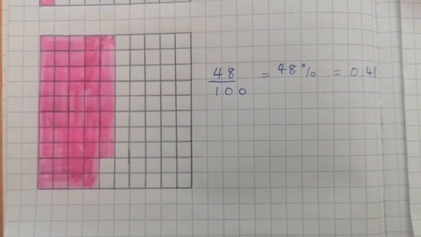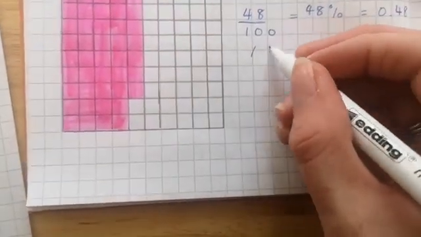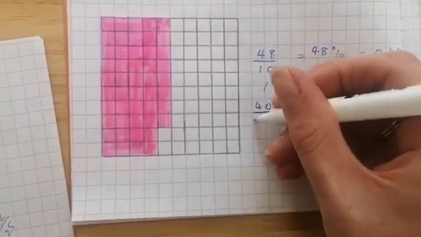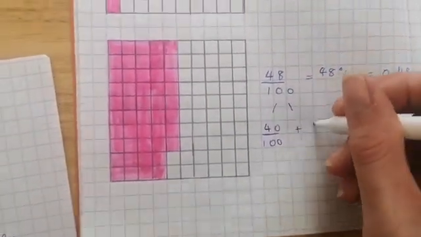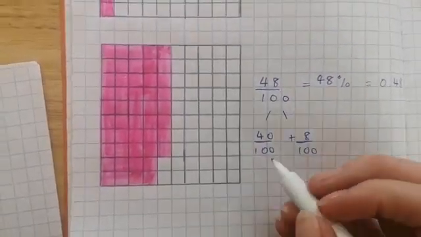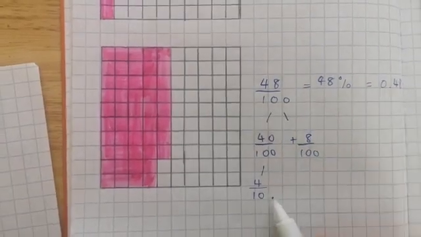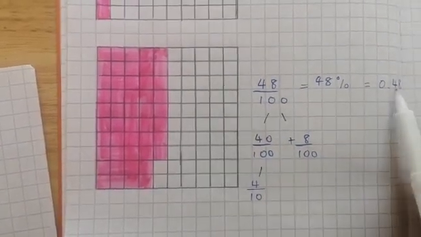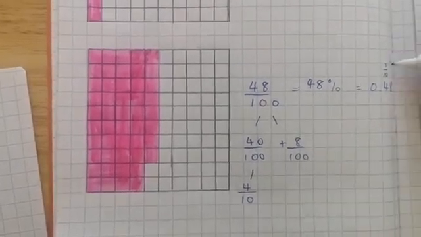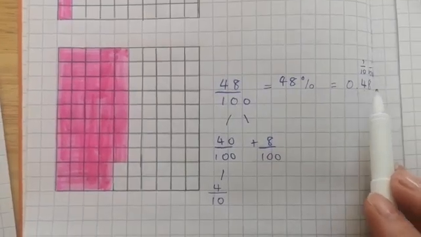And just to remind ourselves why it's definitely 0.48: 48 out of 100 is 40 hundredths add 8 hundredths, which is the same as 48 hundredths. Our 40 hundredths we can simplify down to 4 tenths and keep my 8 hundredths. So I've got 4 in my tenths column and 8 in my hundredths column. So that's why we know that 48% is definitely 0.48.